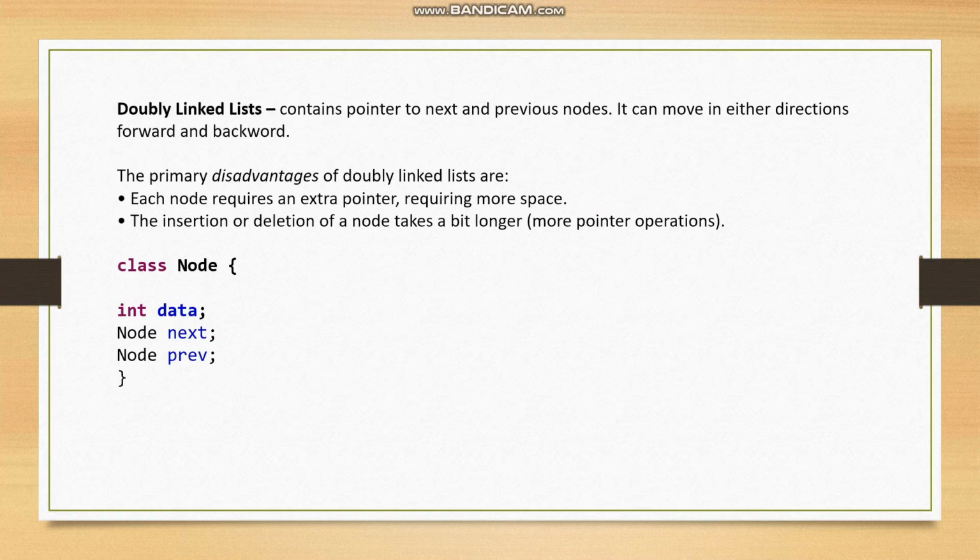So till now we talked about the singly linked list, but now we will talk about the doubly linked list. What is a doubly linked list? A doubly linked list basically contains two pointers, one for the next node and one for the previous node. As we can see here, we have three things: one is data, one is the pointer for the next node, and one is the pointer for the previous node.